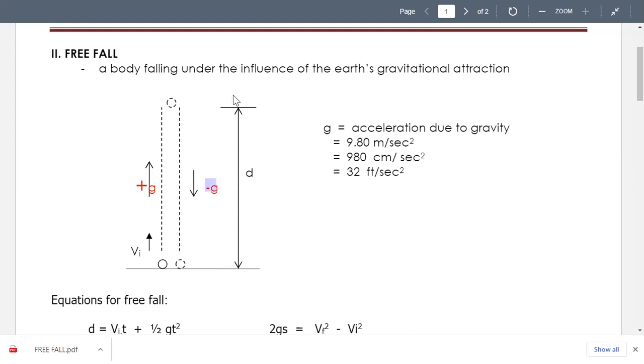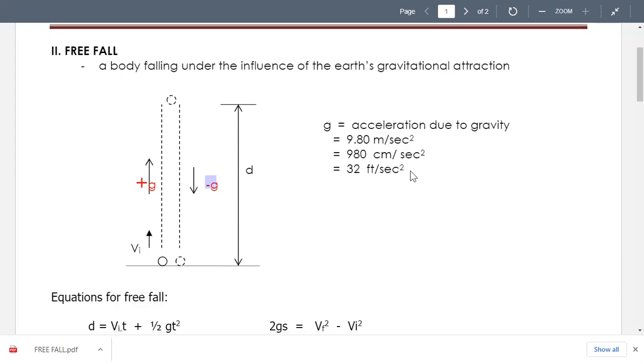For the gravitational acceleration for planet Earth, for MKS, that is 9.80 meters per second squared, or in some references 9.81 meters per second squared. For CGS, that is 980 centimeters per second squared, and then 32 feet per second squared for FPS.